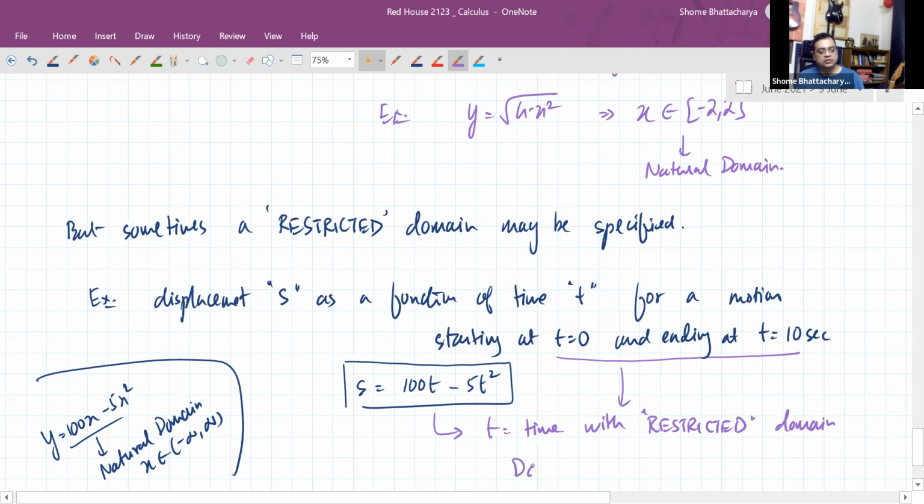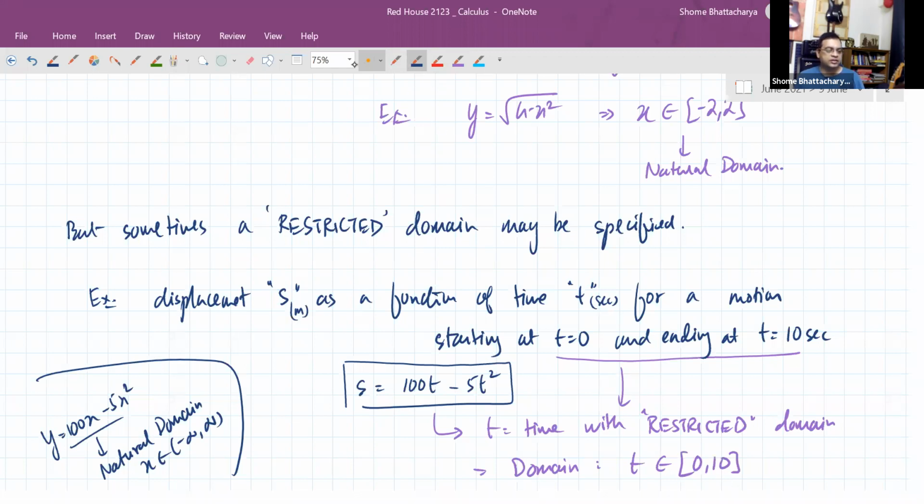So the domain here becomes the set of values for t only between 0 and 10. So t belongs to 0 to 10. I'm assuming here that t is time in seconds and s is displacement in meters. So this is an example of a restricted domain.